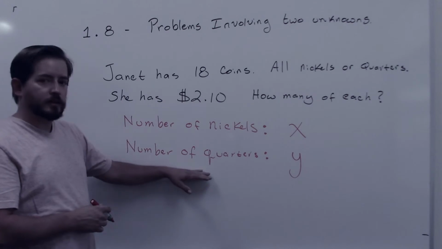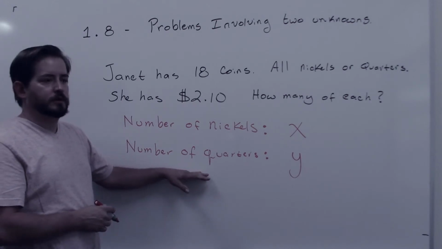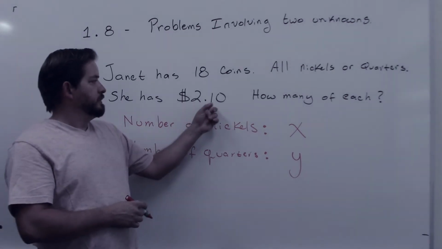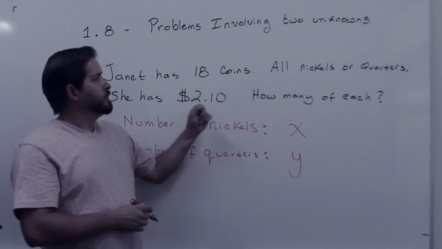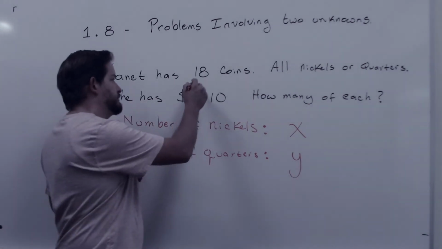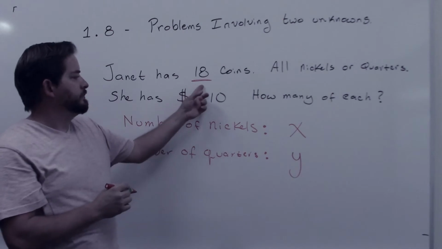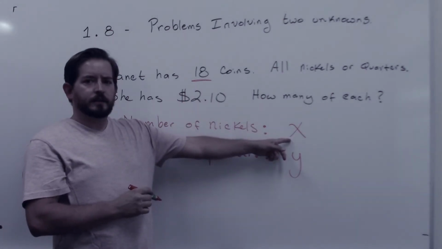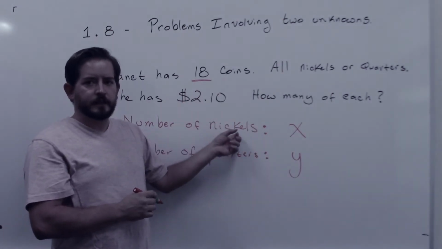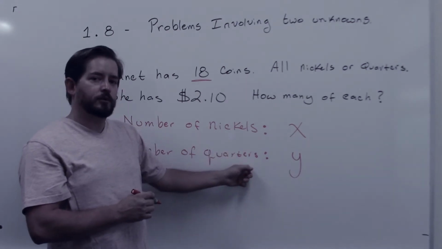That thought can be applied to the number of quarters. You have 18 coins, and we're saying that X of the 18 are nickels, so the difference has to be how many quarters you have.